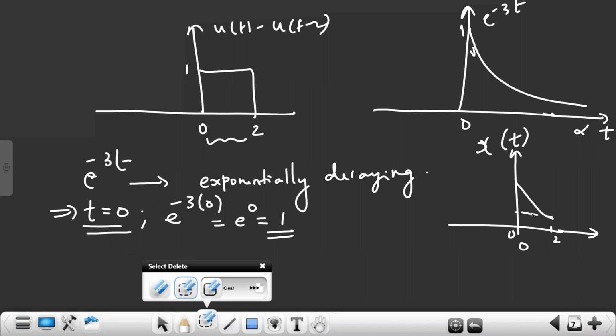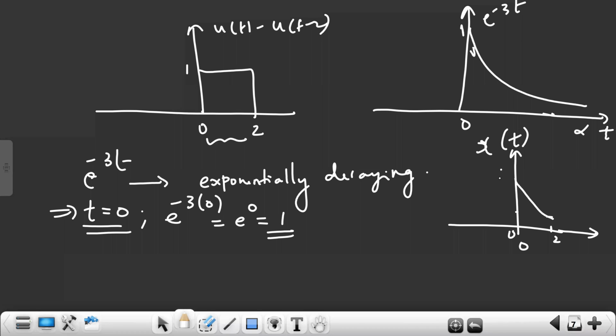So at time t equal to 2, your amplitude is not becoming 0, but it will be less than 1, because it is starting from 1, right? It is starting from 1 and approaching 0 at infinity. But unfortunately, our signal is stopping at 2, and you don't know its value at 2. Let it be like that only. Any arbitrary value you can take. So this is your x of t.